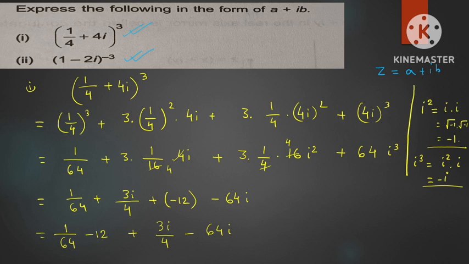Coming to the next page. After the calculation, which you can do in your notebook, we will get 64 and minus 767 after the calculation, plus, if we take i common, it becomes minus 253 divided by 4.